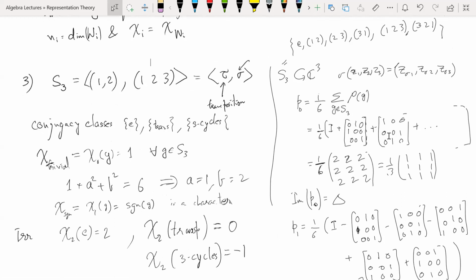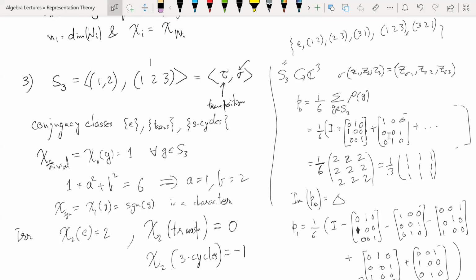So S3 acts on C3 via permuting the coordinates, and we saw that the diagonal is a trivial sub-representation. If you consider the line where all the coordinates are the same, that is the x equals y equals z line, the diagonal, then S3 acts trivially on it.